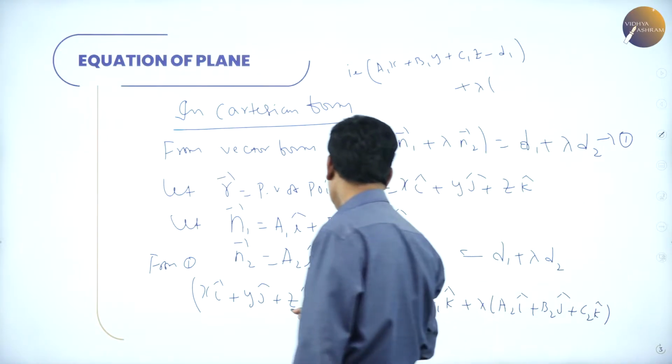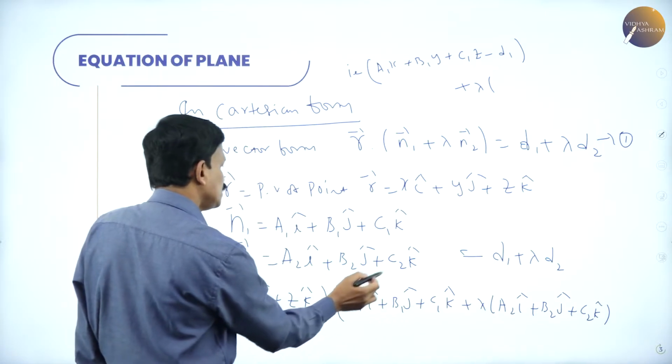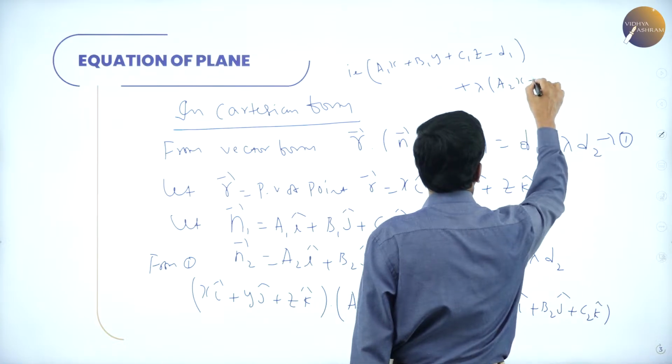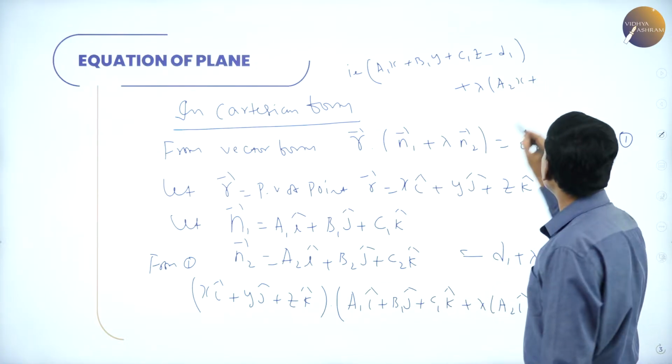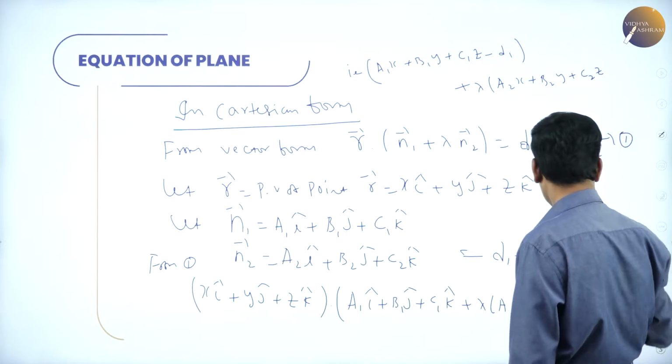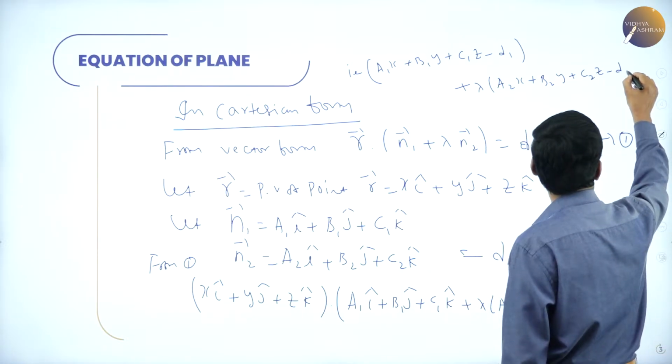So what are the lambda terms we will have? a2 into x plus b2 into y plus c2 into z minus d2.